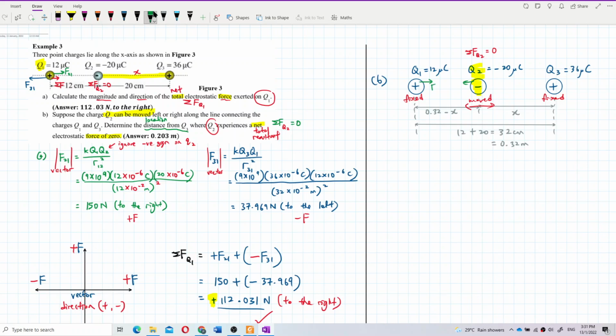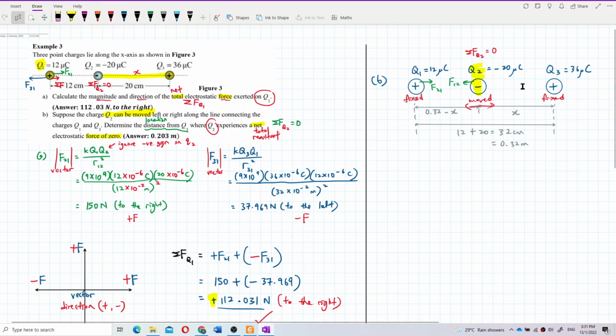This is F1 on 2. We also need to know about 2 and 3. What are the forces acting between 2 and 3? Let me draw it out.